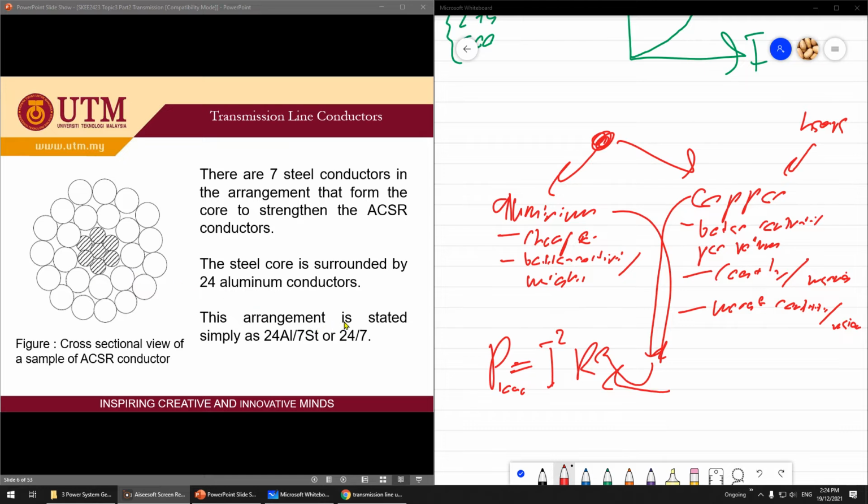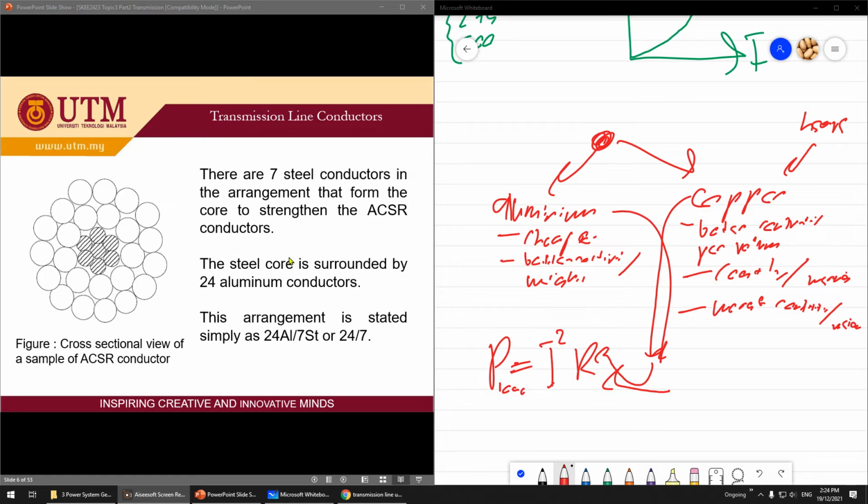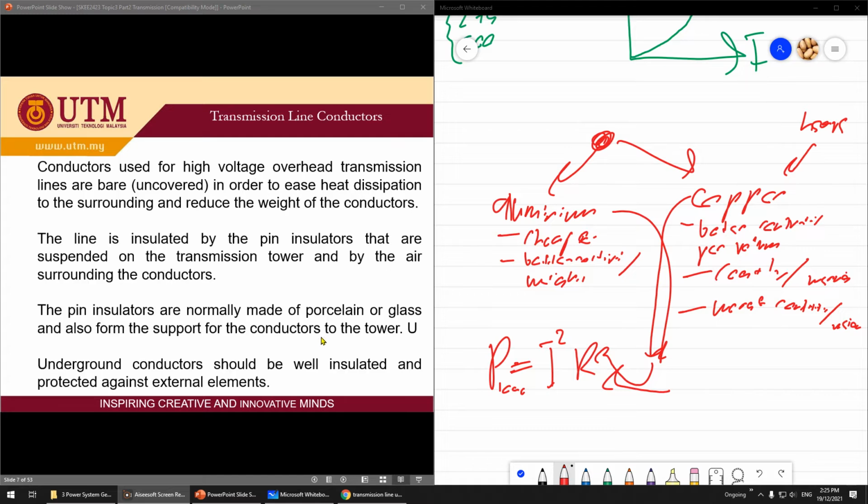This arrangement is stated simply as 24 aluminium, 7 steel, or 24/7. Remember, this is to increase the conductor's strength, to make it higher strength and much more durable. So this is the arrangement of ACSR, 24 Al 7 St.